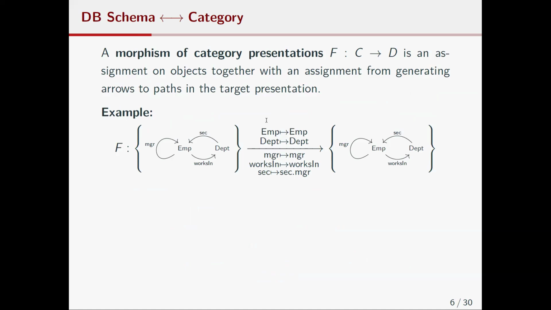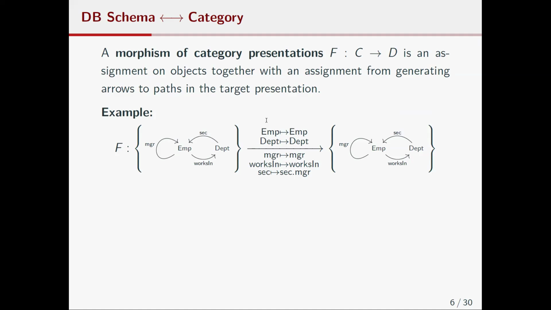I'm going to explain a little more in detail what a morphism of category presentations is, because I will omit the precise definitions of all other morphisms in this context because we don't have time. But essentially what you're doing is assigning objects to objects and generating arrows to paths in the target presentation.